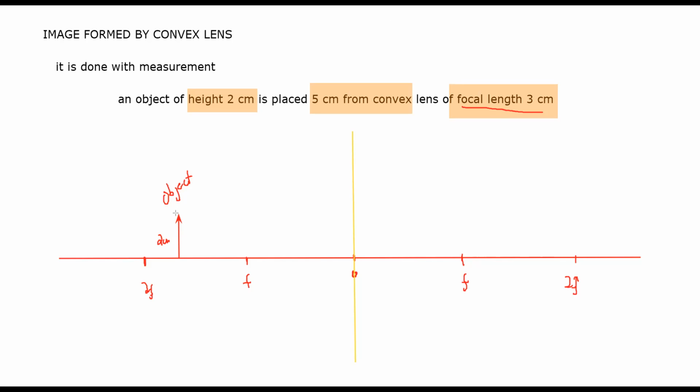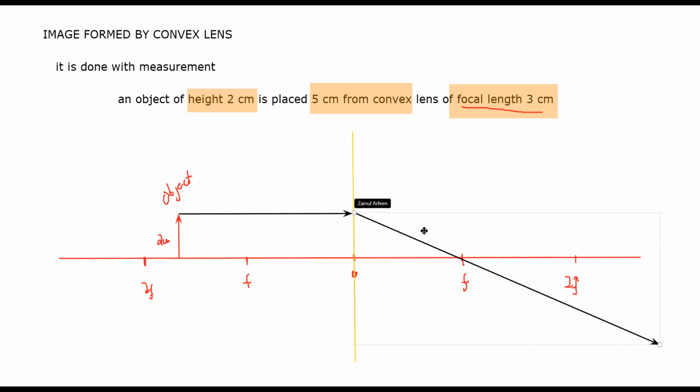All the light rays, you will take from the tip. If the first light ray is parallel, it will pass through the focus. So I will continue and draw it passing through the focus. Extend the line. Don't worry about the length of the line. You can extend as much as you can.